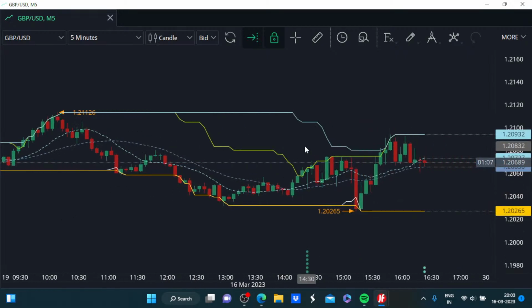But as of now, things are quite muddy. There is not much clarity on the charting, so we will have to allow it some more time for consolidation, and then maybe things will become much clearer for us to take a directional bid.